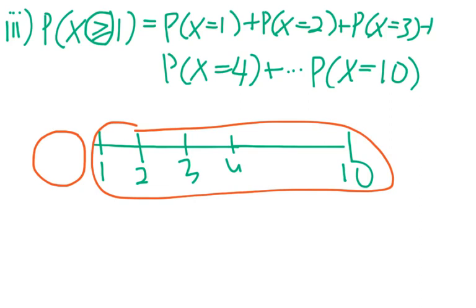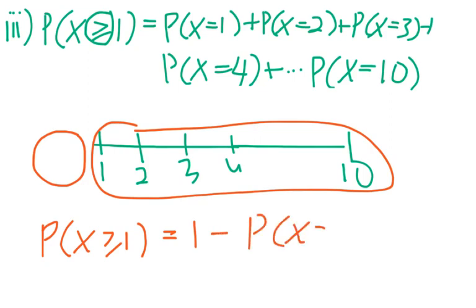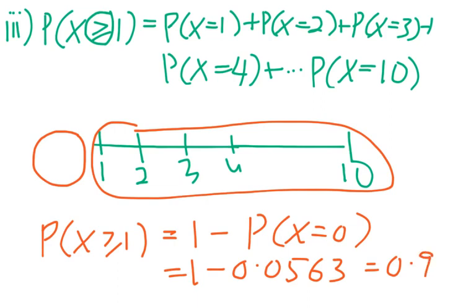So in this case you will have P of X greater than or equals to 1 is 1 minus probability of X equals to 0, which is 1 minus 0.0563. So you will have 0.9437. That's all for the second part.